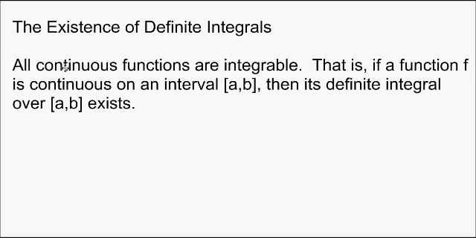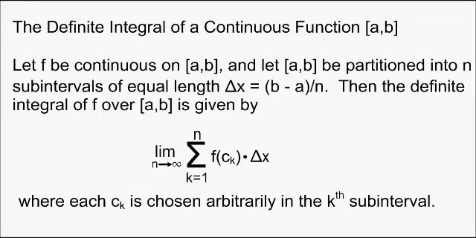This means that if you have a continuous function, then you can find the area between that function and the x-axis. The definite integral of a continuous function on a, b. Let f be continuous on a, b, and let a, b be partitioned into n subintervals of equal length, where delta x is the length of the subinterval.